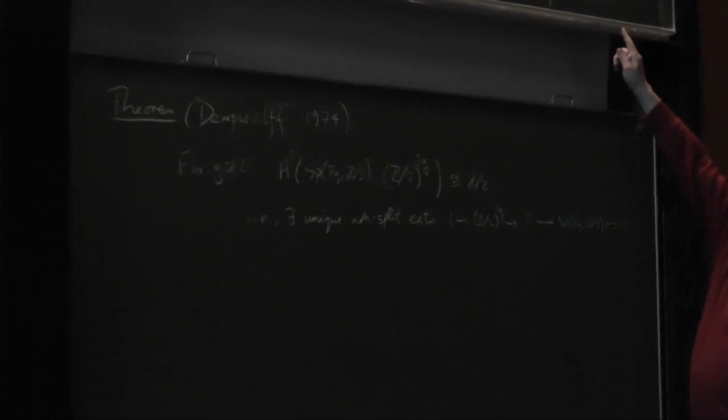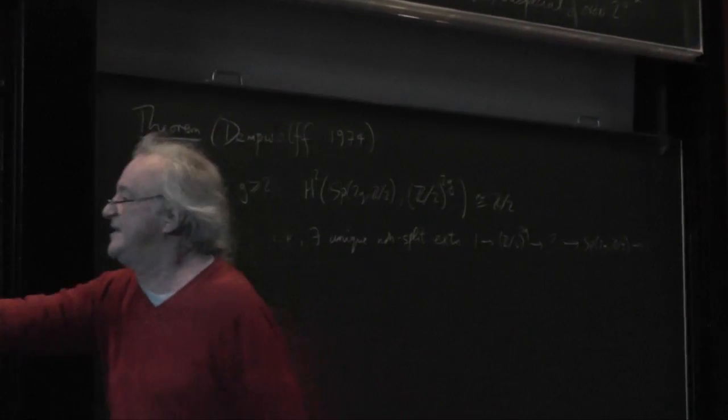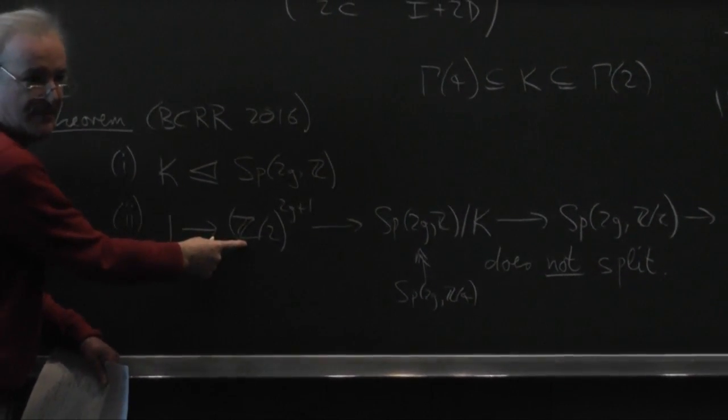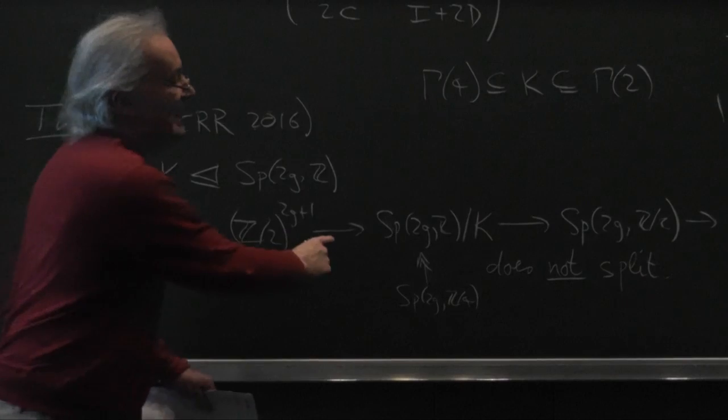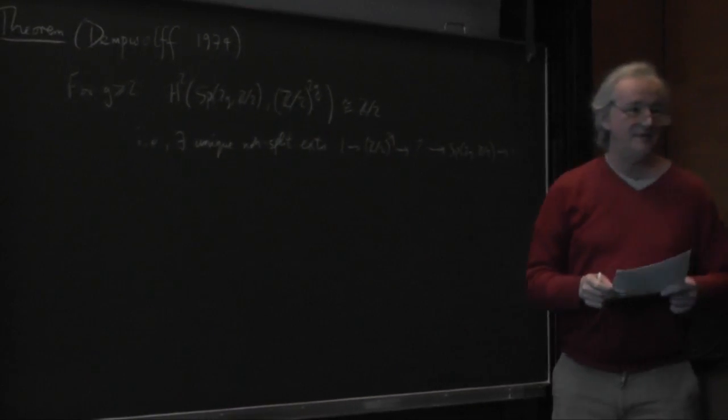So if I take this extension, and mod out the Z mod 2 in the bottom of this, I get the unique extension that Dempwolf had in his theorem.